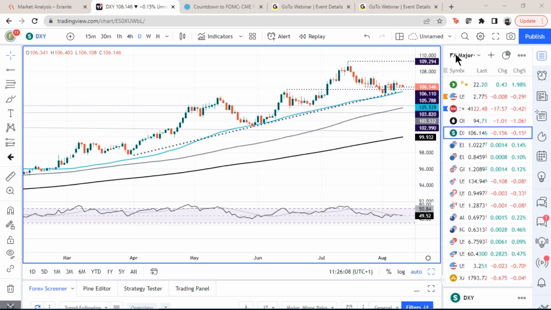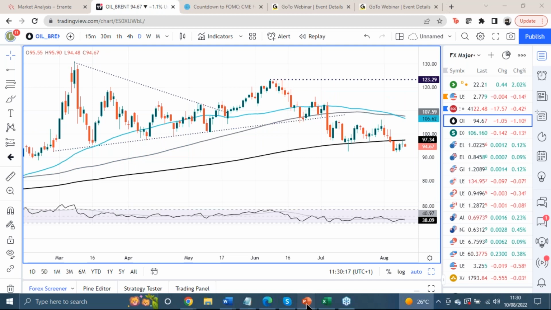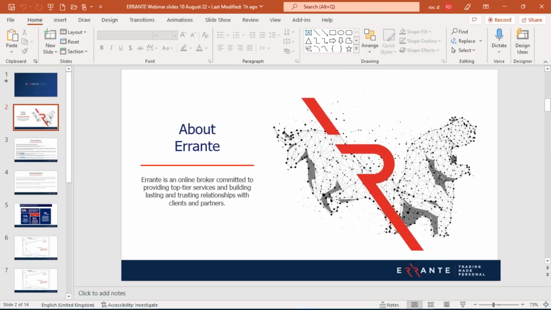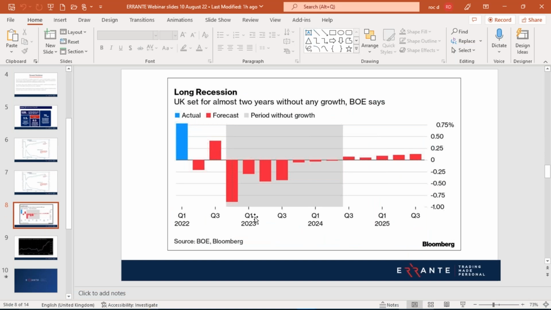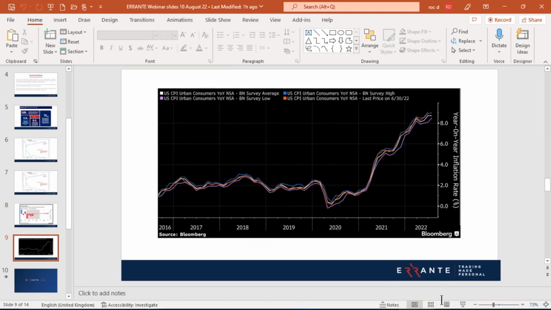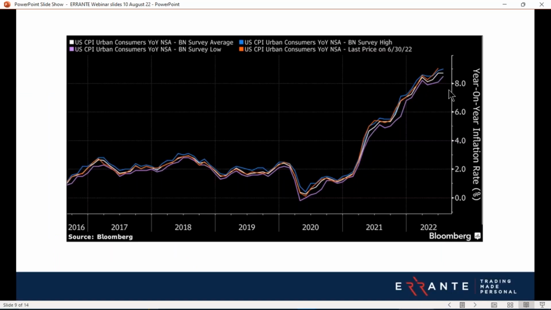I'll just pull up where expectations are and show you those, because they are key. You can see on this chart where we are currently, around the 9.1% mark last time, and then expectations on various surveys, all pointing to a lower print in the headline.